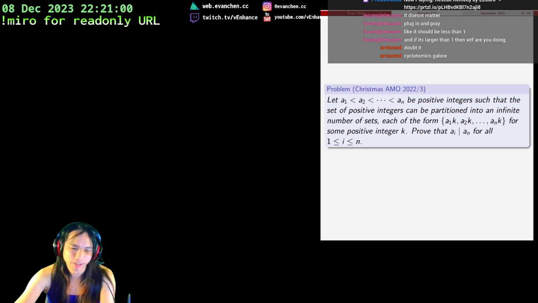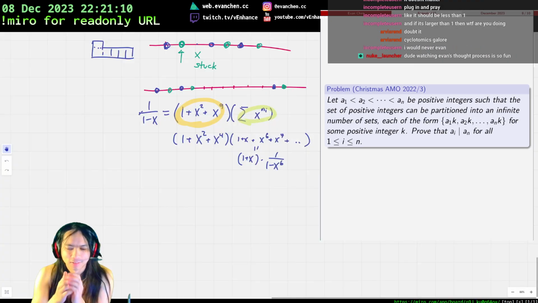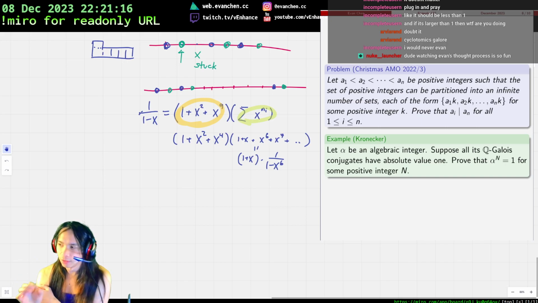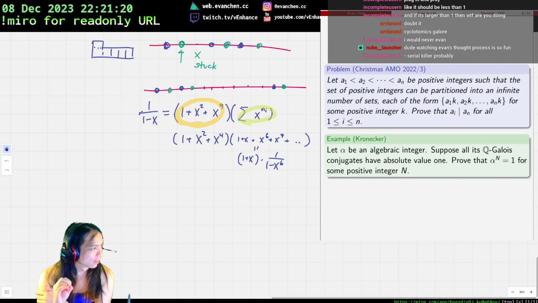You guys are baiting me, right? Didn't I put this on int poly? This is a true fact, right? If any integer coefficient polynomial has only roots on the unit circle, then those roots are all roots of unity.